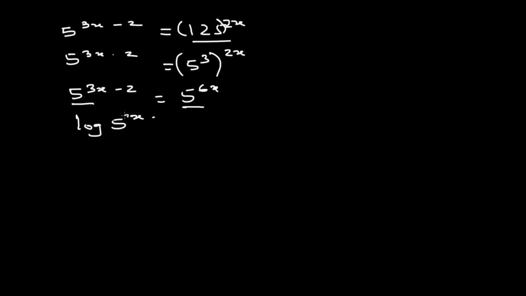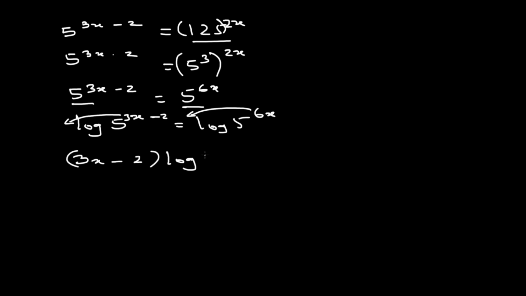So you have 3x minus 2 equal to log 5, and then you have 6x. Now we had that law that brought this down. So we're going to have (3x minus 2) log 5, log base 10 here. Then here we're going to have 6x log 5.